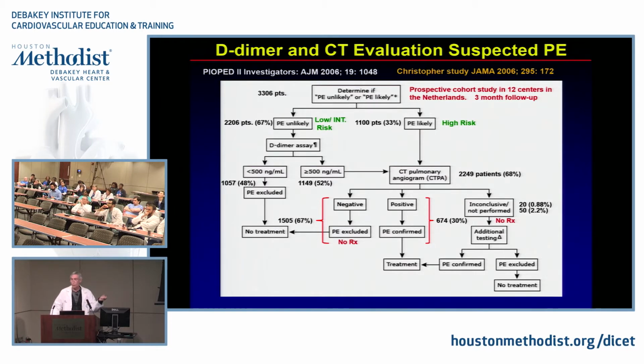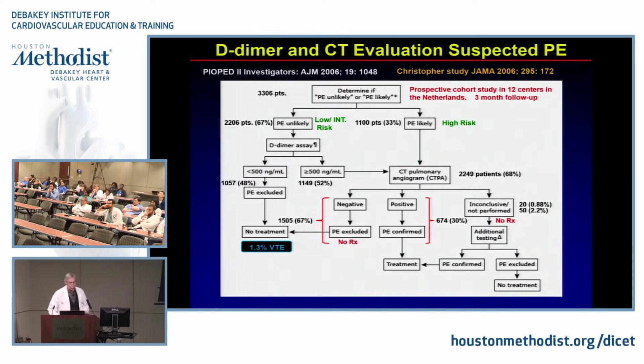And there are actually pretty good criteria from the PIOPED 1 and 2 studies looking at when you do different things. D-dimer tests are usually done when PE is unlikely. If they're low, you can basically exclude the likelihood of PE. If they're high, then it's recommended you go for CTA to look and exclude pulmonary emboli.